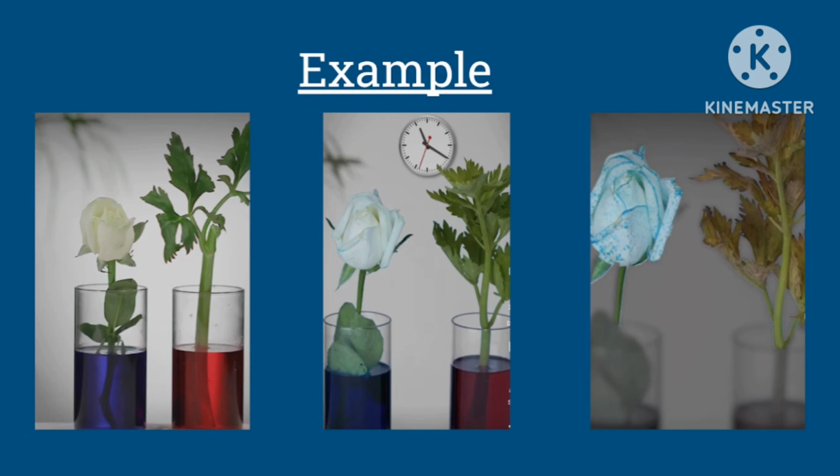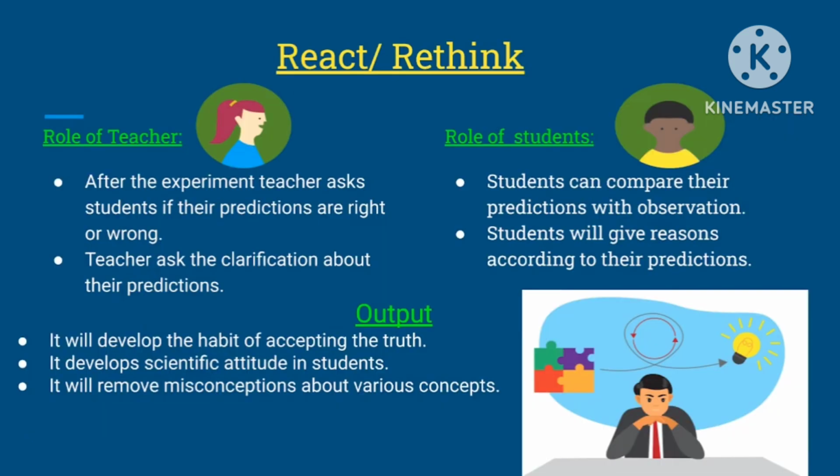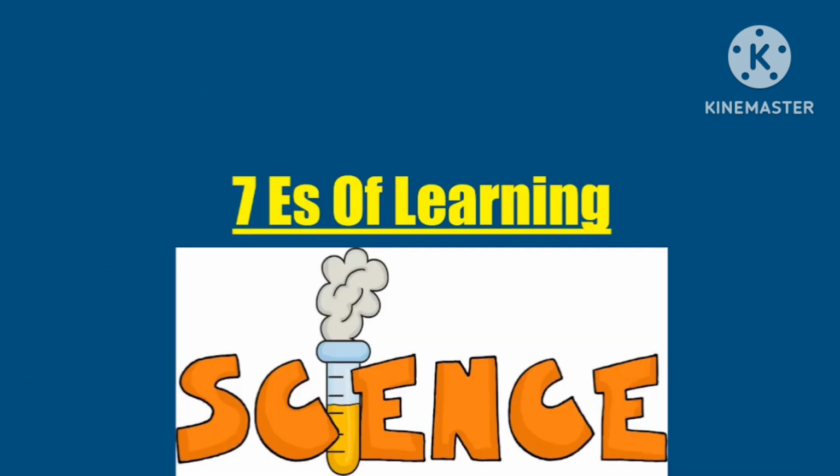Now we will see the next phase, that is react or rethink. After the experiment, the teacher will ask the students if their predictions are right or wrong, and the students will compare their predictions with the observations. Students will give reasons according to their predictions.